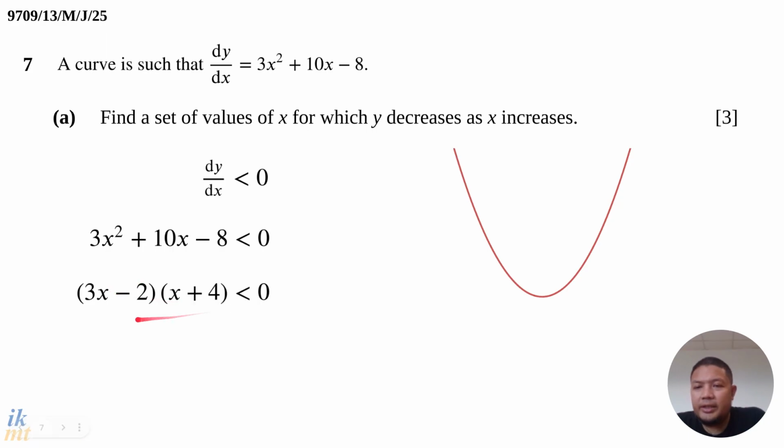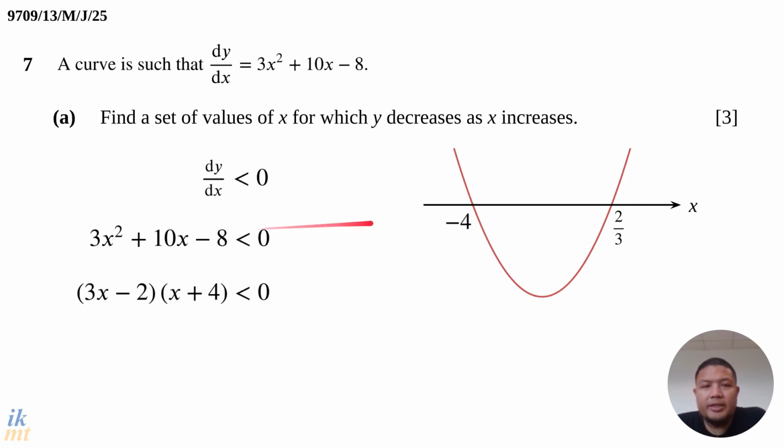Next, you can see here that there will be two critical values. So that means there will be two intersections, and one of them is negative 4, from here, and the other one is positive 2 over 3. Okay, now we look at this quadratic, and what we want is for this quadratic to be less than 0.